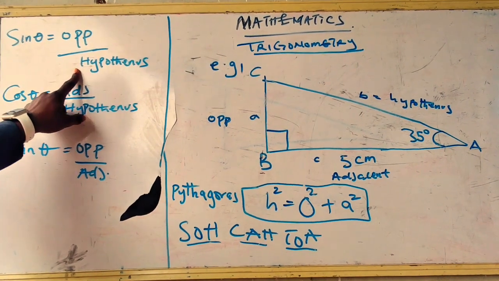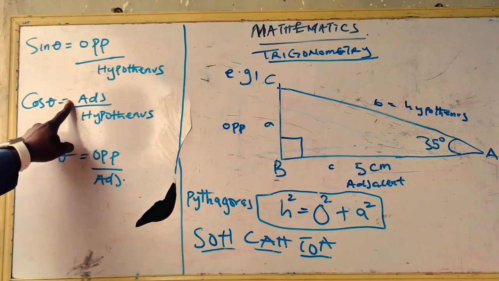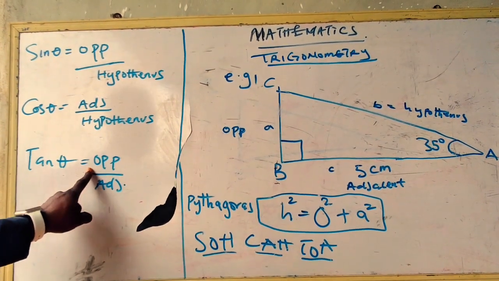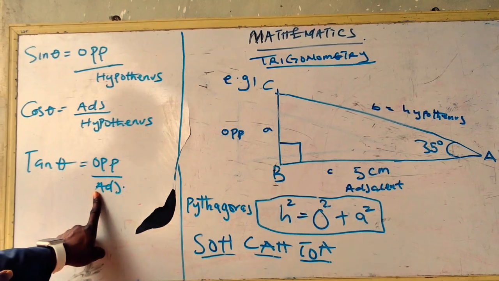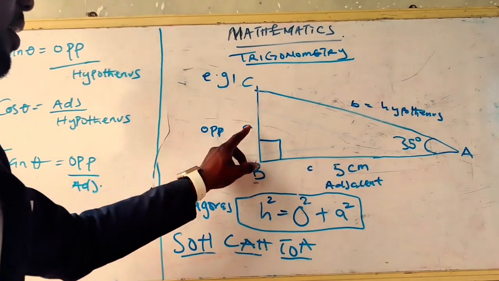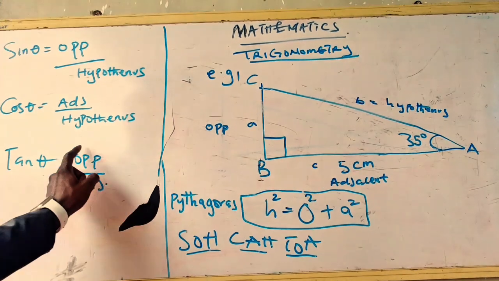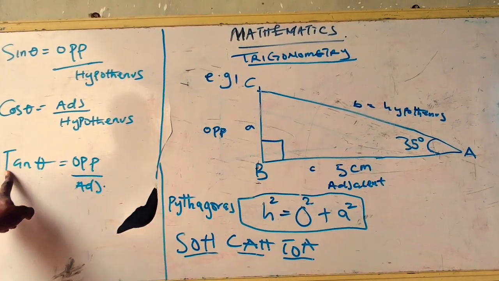Opposite over hypotenuse, we can't use this. Adjacent over hypotenuse, no, we can't use this. Opposite over adjacent, wow, this looks like it. We want to find the opposite and we are given the adjacent, so these two sides go in line with tan theta.